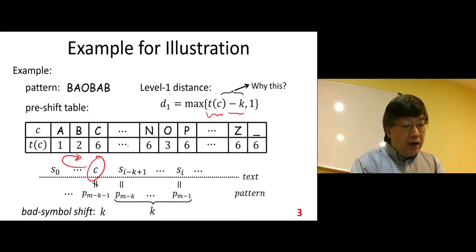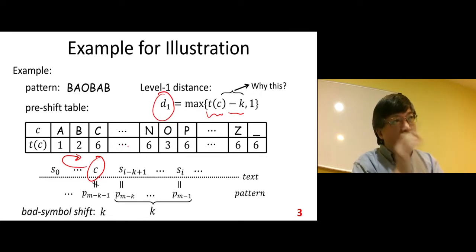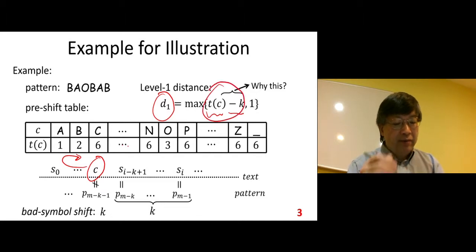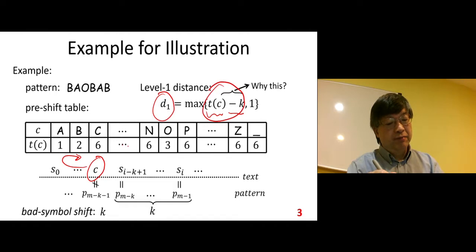Because of the level 1 distance, this D1 is a possible shift size we can use. So why does this number give us a possible shift size? My next slide will explain it.